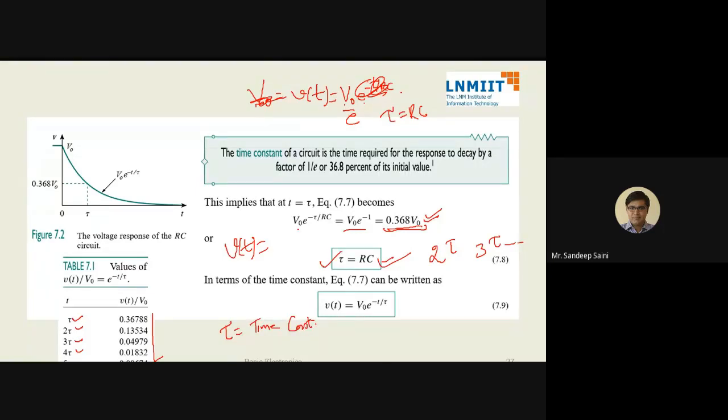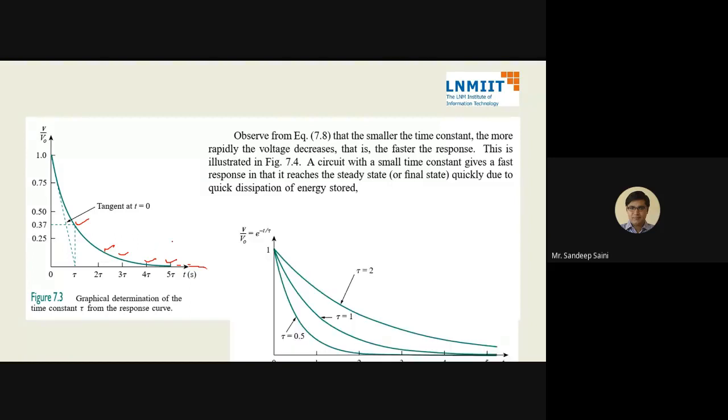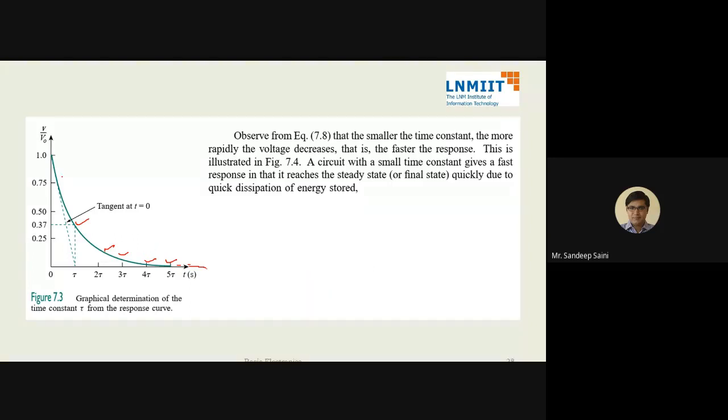The time constant tau of a circuit is the time required for the response to decay by a factor of 1 by e from the initial value. And as we observed, this was the value at tau, 2 tau, 3 tau, 4 tau, 5 tau, and so on. If the value of tau is high, it will decay slowly.